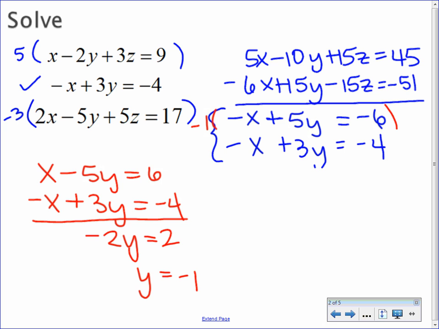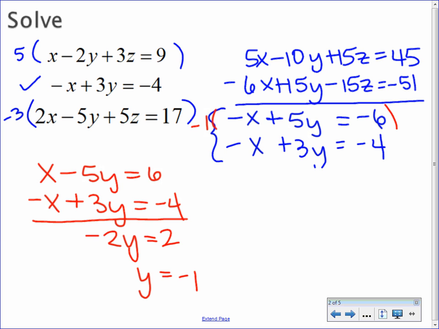Oh, no. When I say plug it back into the system, we can choose one from here and plug it back in. Well, not always. If your original system has all three variables in all three equations, that's not going to be very effective. Okay, so we're going to hop back up to here.